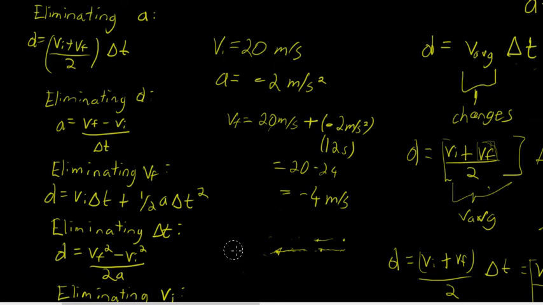And let's say we were asked to find that out. Well, we know how to do that now. Displacement is equal to the initial velocity times the elapsed time plus 1/2 the acceleration times elapsed time squared. In this case, the initial velocity is 20 meters per second.